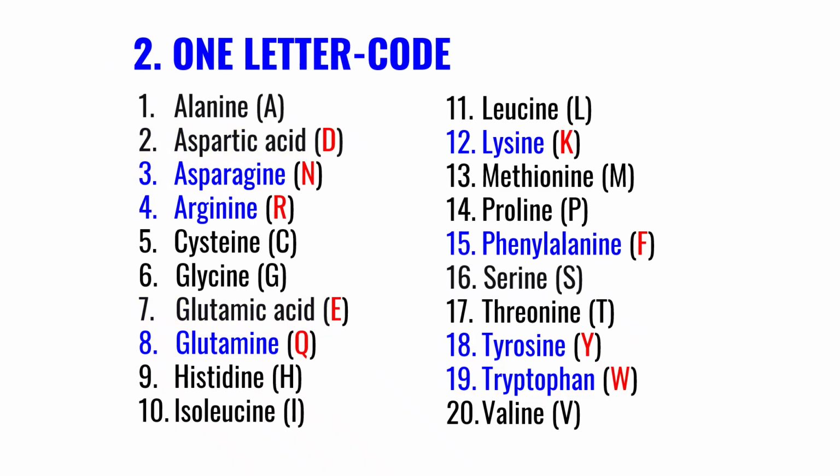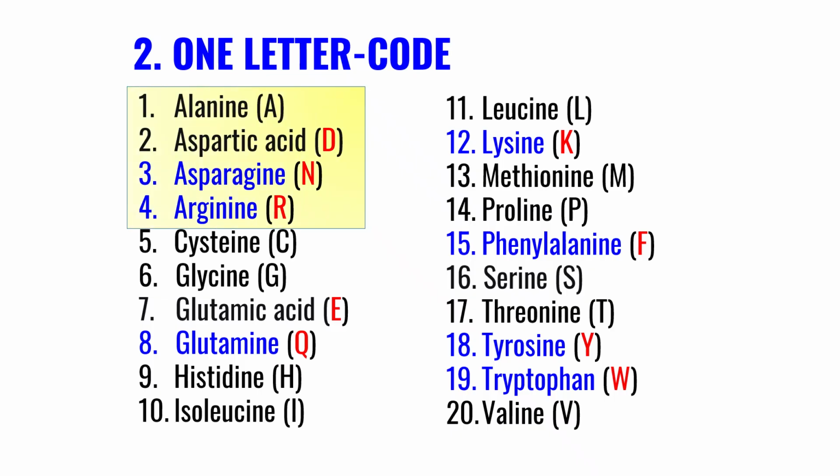The second method of representing these amino acids is by using a one-letter code word, and in most cases the first letter is used. However, there is some discrepancy which I would like to highlight here. I have arranged these amino acids in alphabetical order.